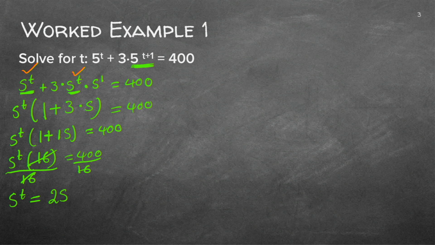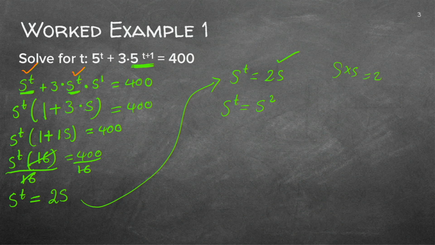But we are not done, because let me just continue on the other side. If you have 5 to the power of t equals 25, now you need to break down 25 into its exponential form. So this will be 5 to the power of t equals 5 to the power of 2, because 5 times 5 gives you 25.